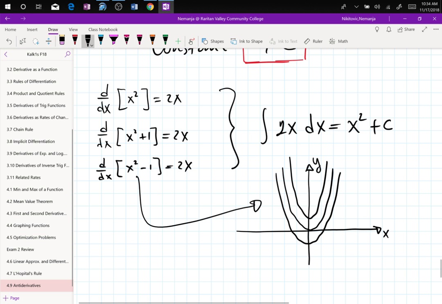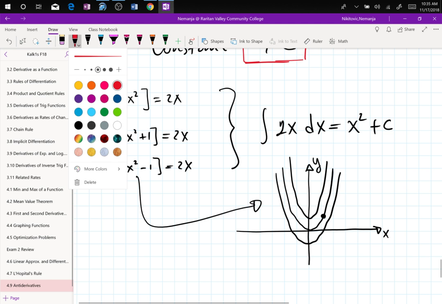Now, if I pick a point, say right here, that point belongs only to that graph. So in order for me to calculate the c, to pinpoint which of the infinitely many lines is the one that we're looking for, I would have to have that point, and we call that initial condition.